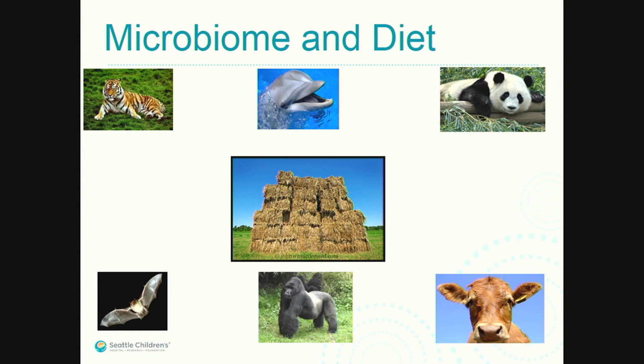And just like multicellular animals, the tiger, the dolphin, the panda, the gorilla, the bat, the cow, different organisms like to eat different things. And so if I gave all these animals hay to eat, we would not be surprised if we saw maybe a number of those animals die off or decrease in number. And then you'd get a plethora of cows in your yard.